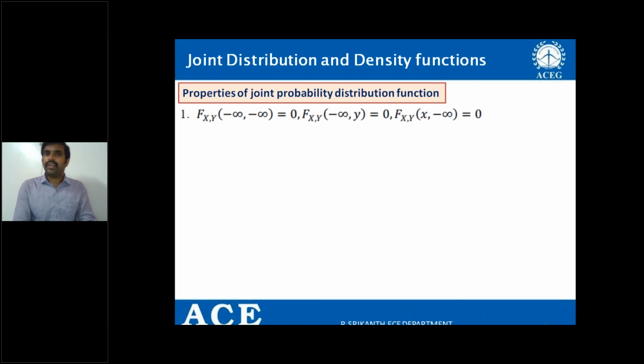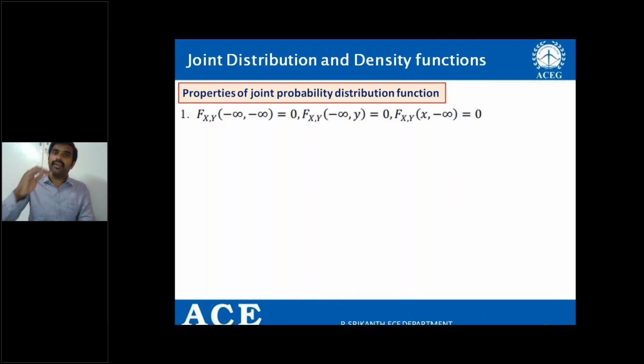Similarly, here also in the multiple random variable case, the minimum value of the distribution function is equal to 0. That is, Fxy of minus infinity comma minus infinity equals 0. Similarly, Fxy of minus infinity comma y is 0, and Fxy of x comma minus infinity is also equal to 0.